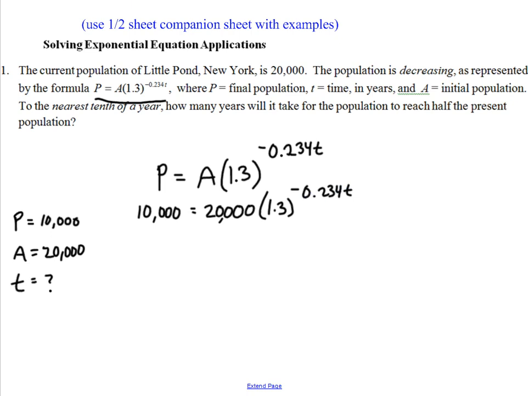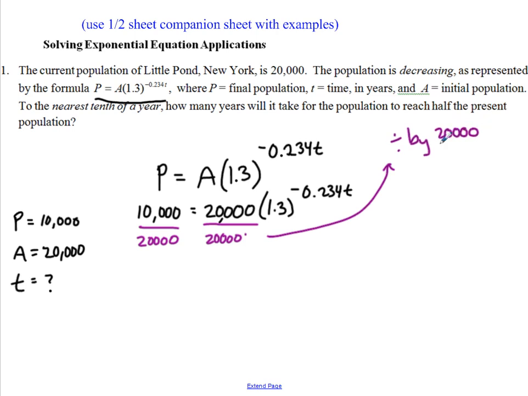We have some smarts, and we know about logs. All right, so you want to solve for t. First, get rid of this 20,000. It's in the way. It does not have an exponent. So we're going to divide by 20,000 to isolate the base, okay? Maybe you should make a note for yourself. So that's key. Divide by 20,000.